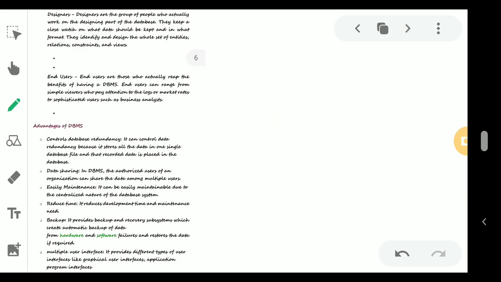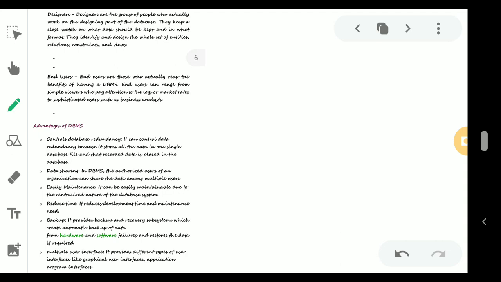Now comes the part that is the designer. Designers are the group of people who work on the designing part of a database. They keep a close watch on what data should be kept in what format.